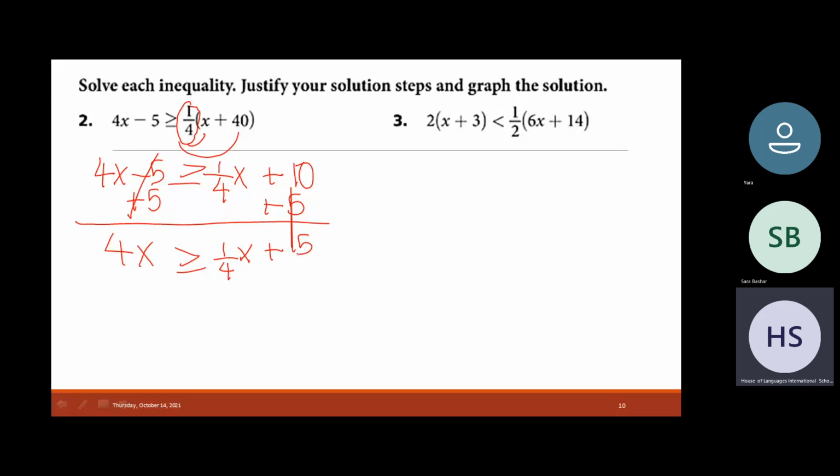Now did I finish? No. What should I do now? We need to move this, without the x, not with x. We have to put the like terms here and the constants on the other side.